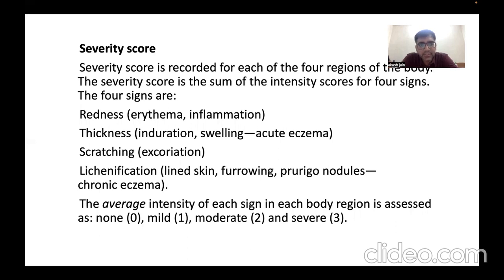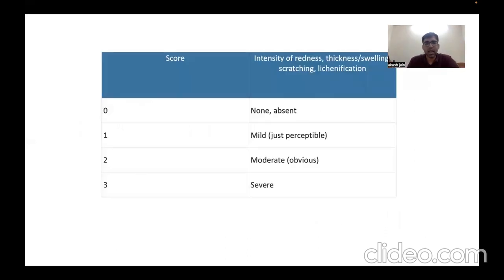The average intensity of each sign in each body region is assessed as none 0, mild 1, moderate 2, or severe 3. That is 0, 1, 2, 3: none, mild, just perceptible, moderate, and severe.